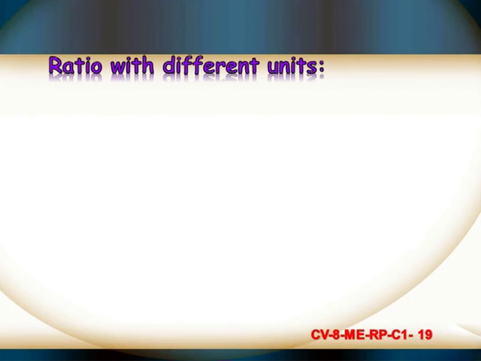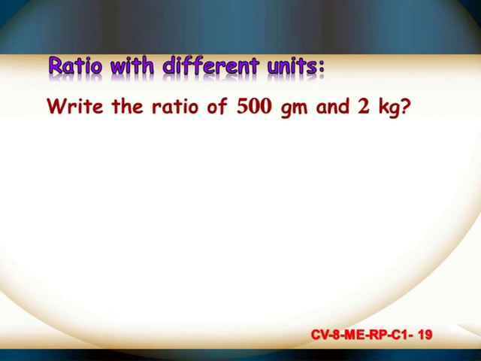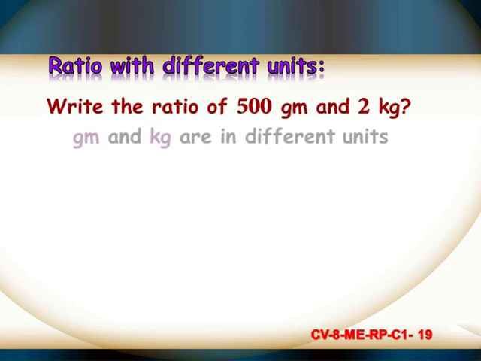Ratio with different units. Children, can you write the ratio of 500 grams and 2 kilograms? No. Since gram and kg are in different units, we cannot write their ratio as it is.